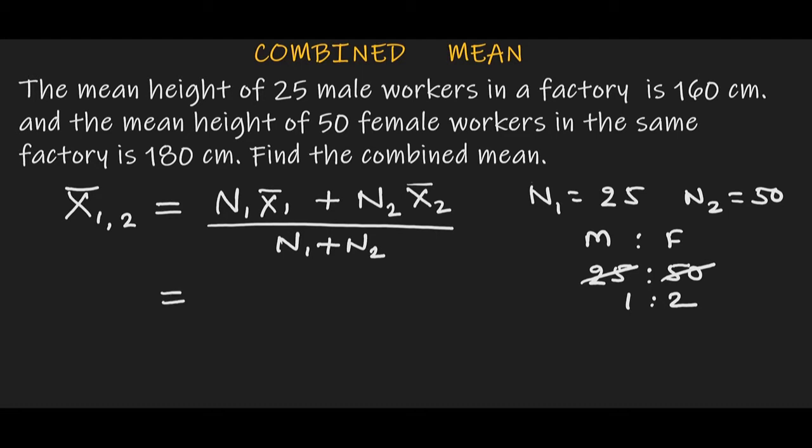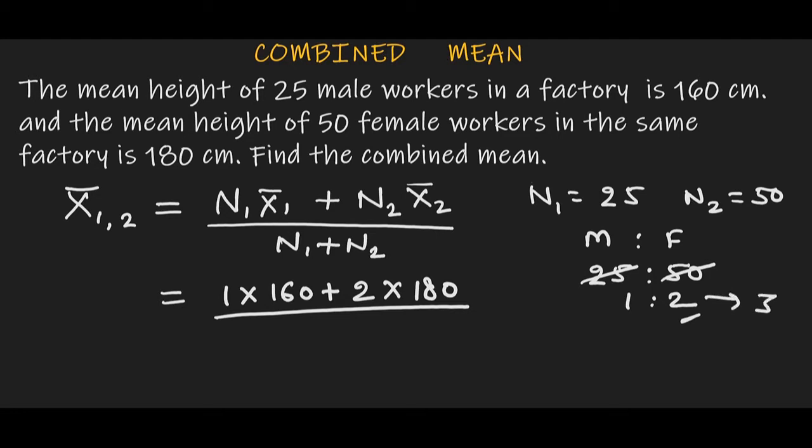We will put the value of the ratio in place of n1. So 1 multiplied by mean 1 which is 160 plus, for n2, we will take the ratio for females which is 2 multiplied by mean 2 which is 180, divided by n1 plus n2. So here we will take 1 plus 2 is equal to 3.